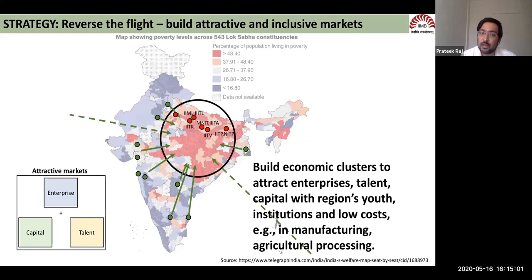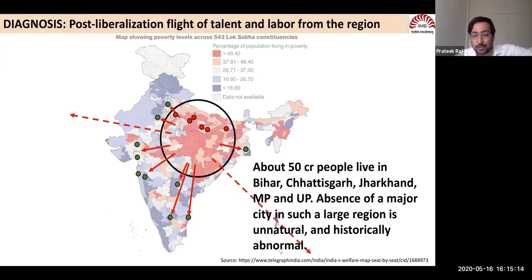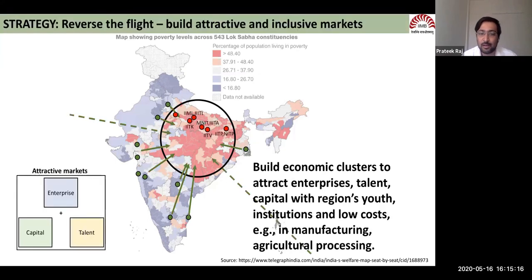Let's look at these particular issues one by one, that you point out: culture, institutions, capital, etc. But quickly, broadly speaking, given that there's been a flight out from the region, the obvious strategy that governments have been trying lately is to start to attract all the capital and labor that they can find into the region.